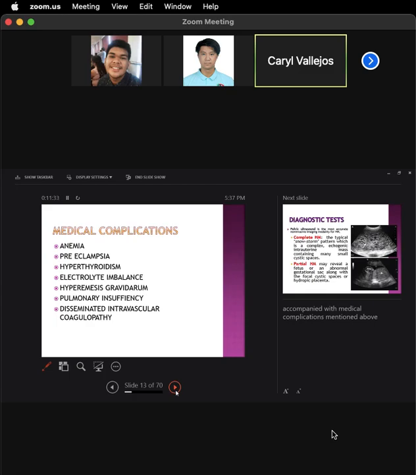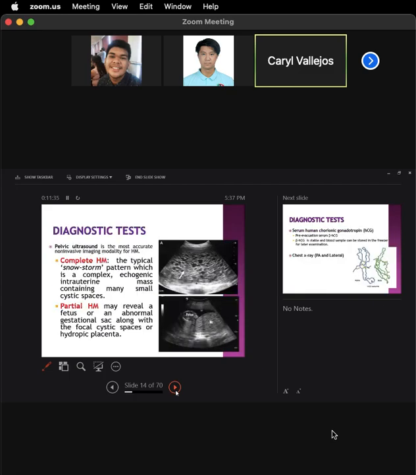So what are the diagnostic tests that we request for patients we suspect of hydatidiform mole? Most common is the pelvic ultrasound. This is the most accurate non-invasive imaging modality for hydatidiform mole. For the complete hydatidiform mole, there is the typical snowstorm pattern, which is a complex echogenic intrauterine mass containing many small cystic spaces, or they describe it as a honeycomb appearance.